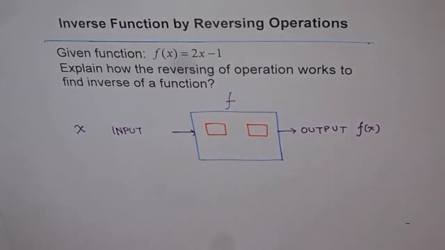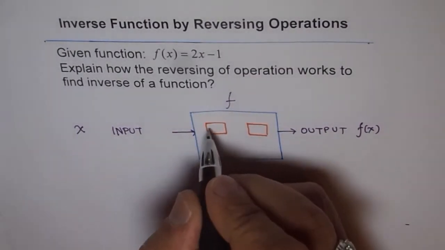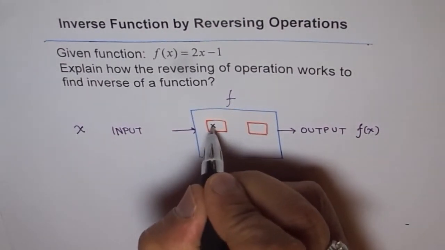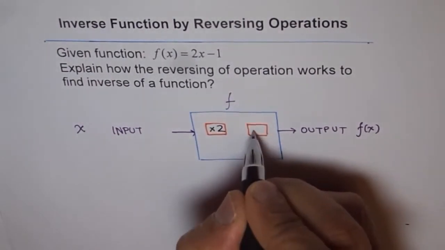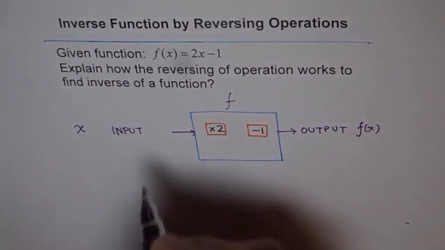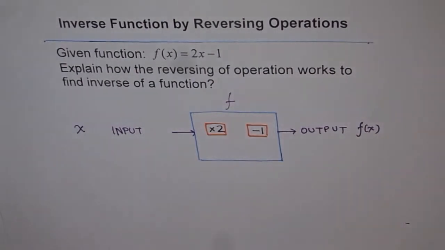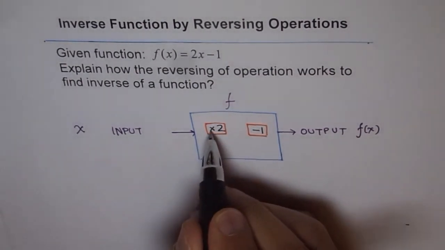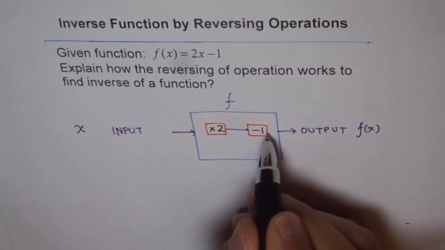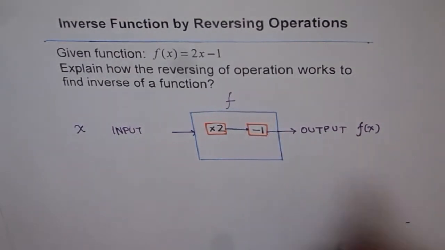So let me write down these operations here to show you what things are going on. So first operation is times 2, right? So we'll say times 2, and the second operation is minus 1. So these are the two operations which are performed on the input, and so we see that the input, which comes as x value, gets multiplied by 2, and then we subtract 1, and then we give output, which is f of x, right?